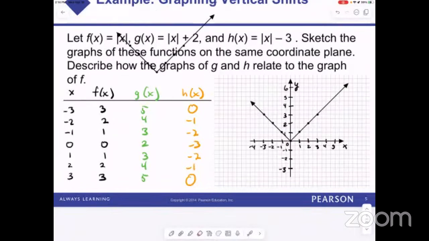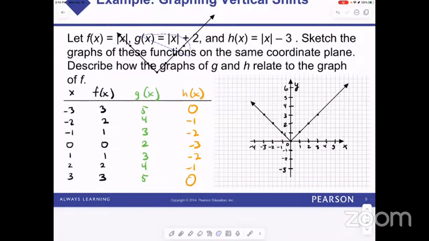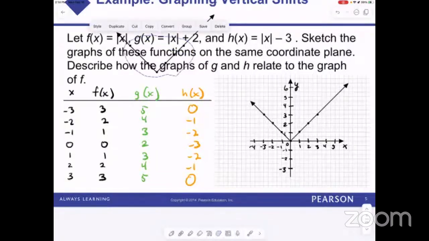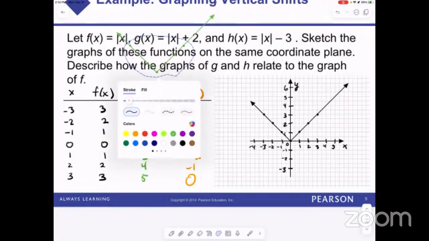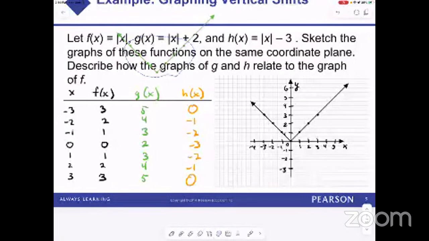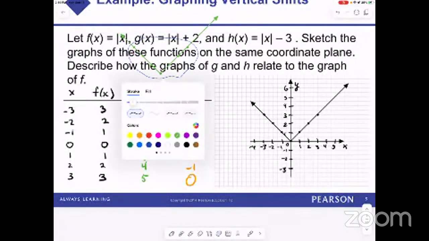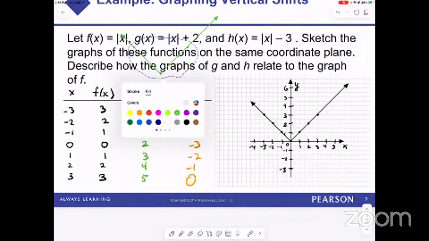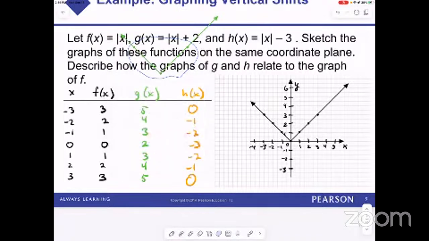So we're doing g, and g is in green. The vertex is at 2 right here. That looks decent, and I'm just going to readjust this a little bit.